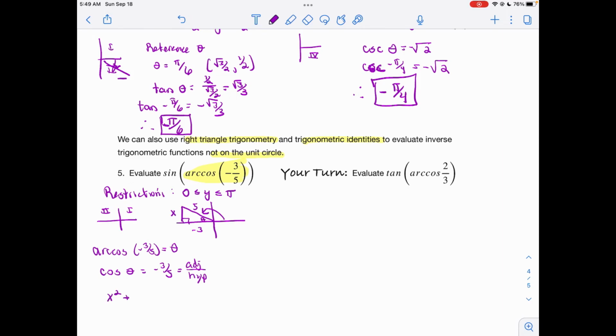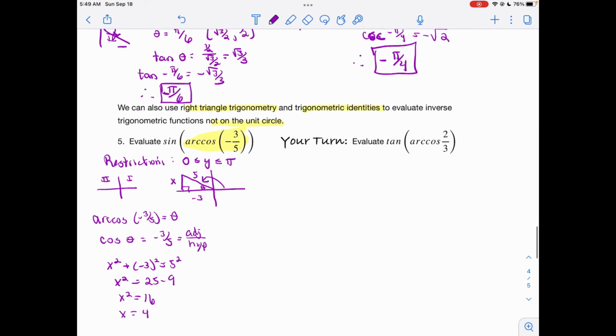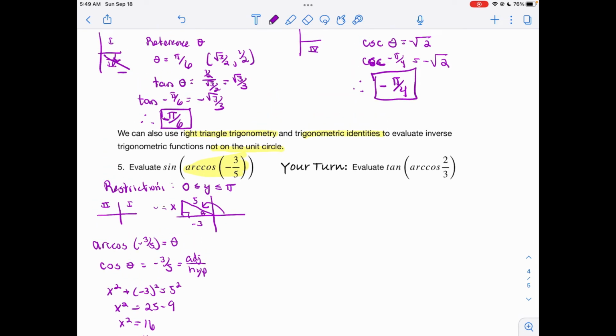And then I remember that x squared plus y squared is equal to r squared. And so x squared is equal to 25 minus 9. So x squared is equal to 16, and that makes our x plus or minus 4. But in this quadrant, our y's are positive, so I'm going to write it as positive 4. And so now I can rewrite our original equation, the sine of the arc cosine of negative 3/5.